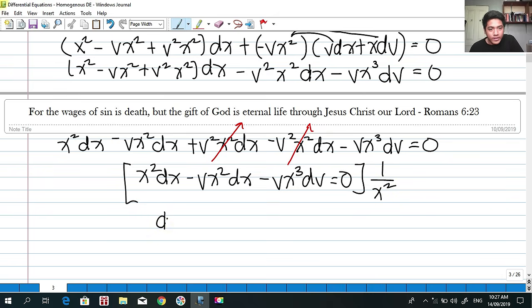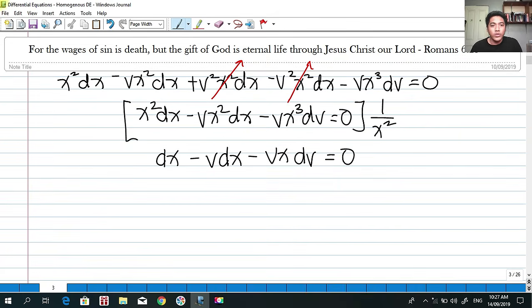We will be having dx minus v dx minus vx dv is equal to 0. So what are we going to do? Combine like terms. I can factor out dx here.